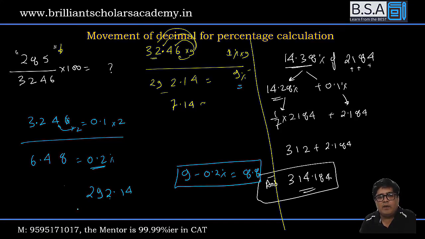29214 minus 6.48. So this becomes 6. This becomes 6. This becomes 5. This becomes 8. 285.66. 285.66 is equal to 8.8%. I'm more than happy. This is equal to 8.8%.